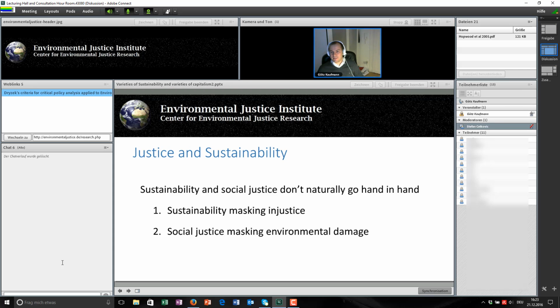And the other side, which we are going to see in the mapping of sustainability later on, is that social justice concerns are often used to mask environmental damage or environmental problems.